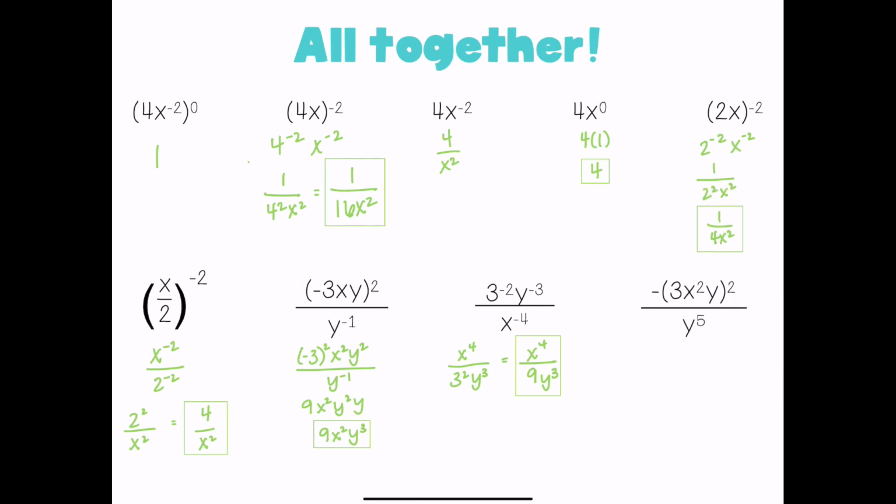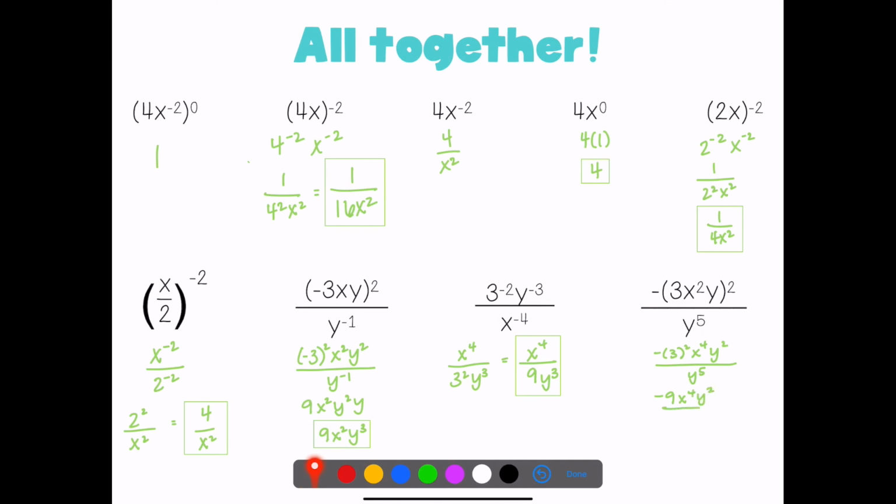Next. All right, so this one's a little tricky, okay? I'm going to show you my first step by giving that 2 to everything. Now, if you notice, all right, let's stop here for a second. If you notice, this negative is not in the parentheses with the 3.